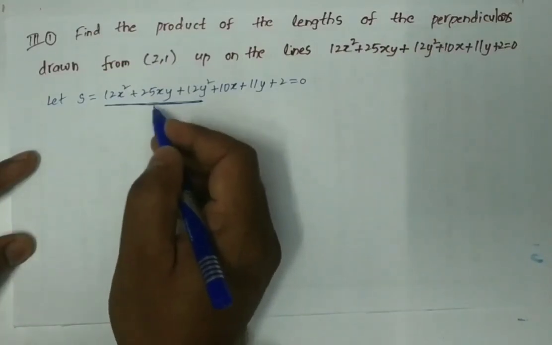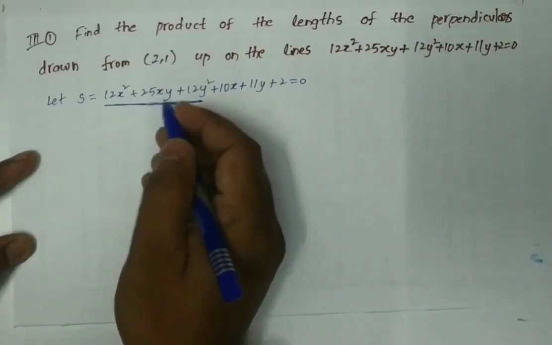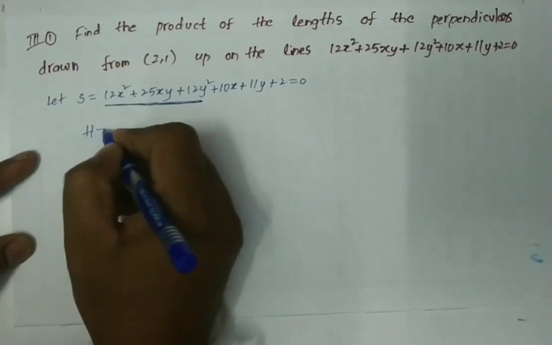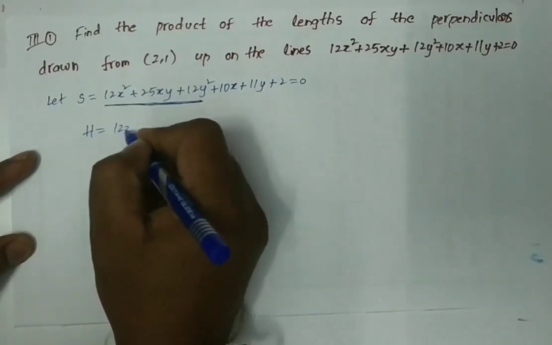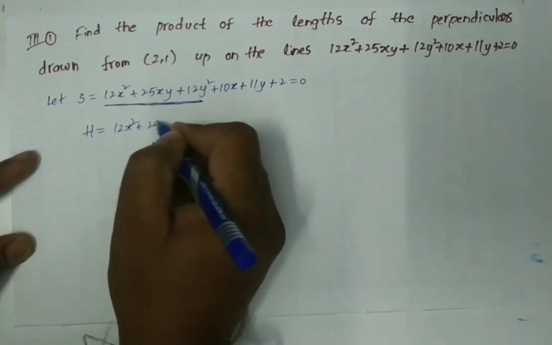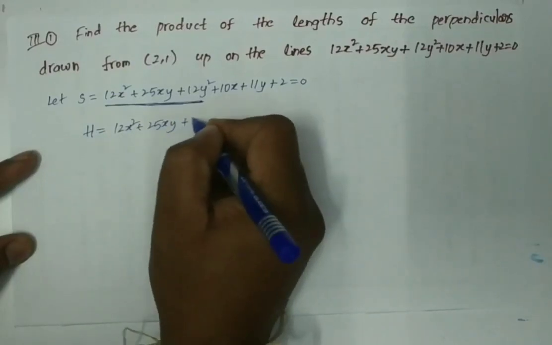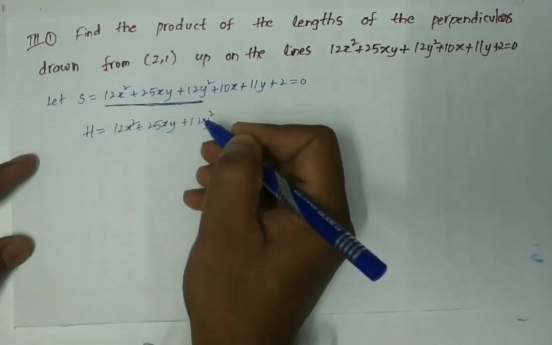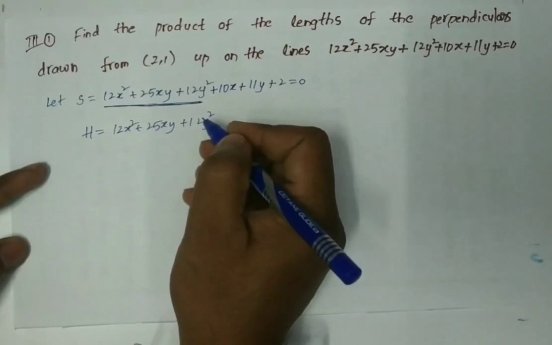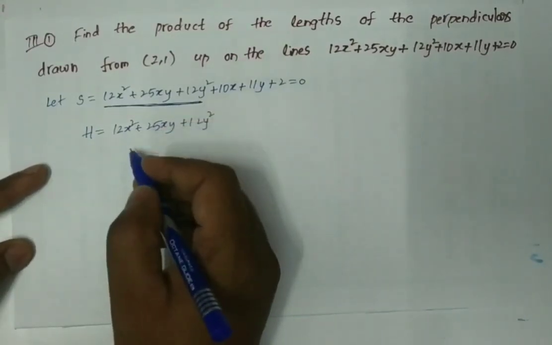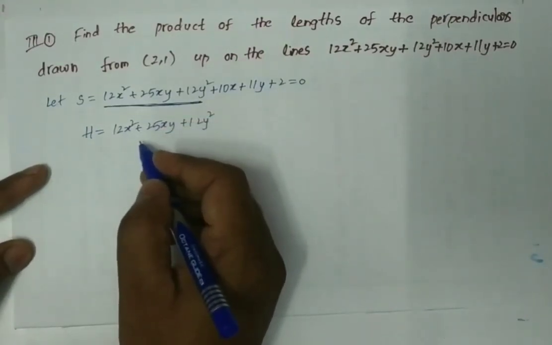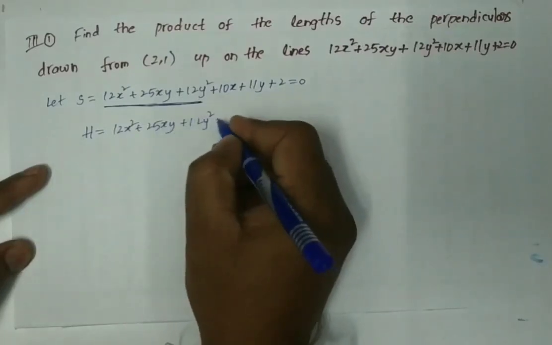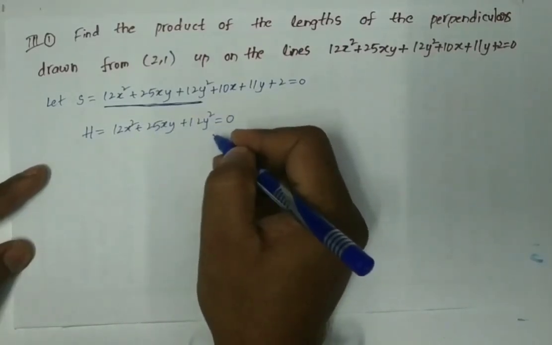So we just have to consider the homogeneous second degree equation. Suppose H is equal to 12x square plus 25xy plus 12y square. Now we have to find the equations which are represented by the equation H is equal to 0.